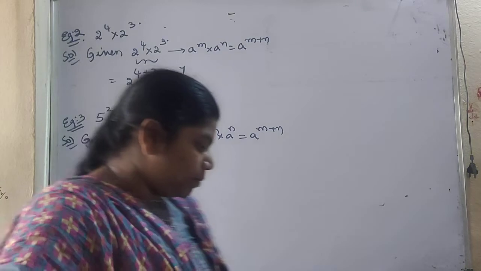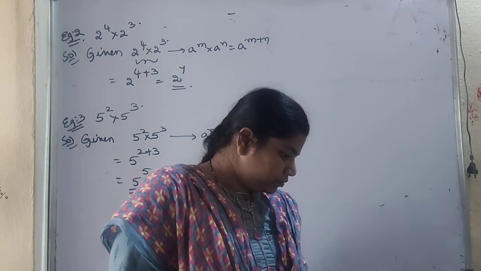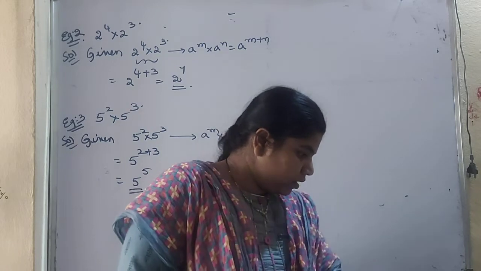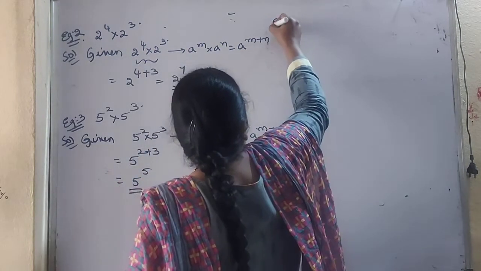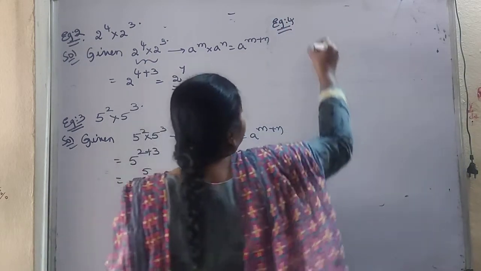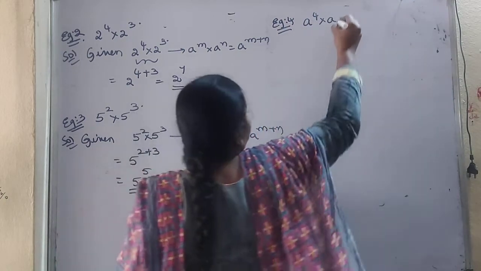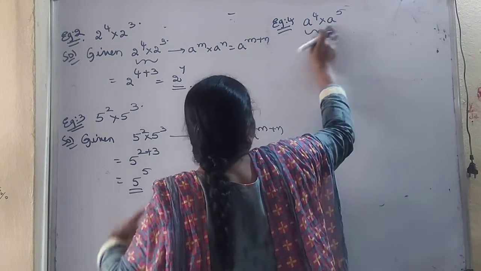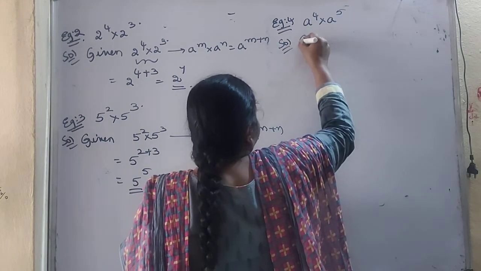So next example, example number 4. That is a power 4 into a power 5. So again we have to use the first law, because the bases are equal, the powers can be added.